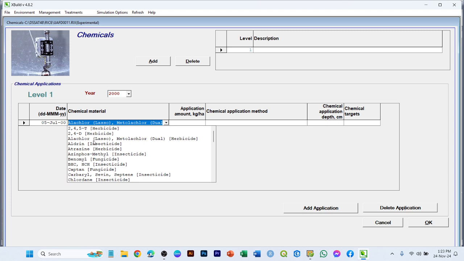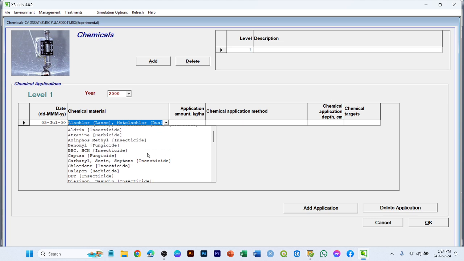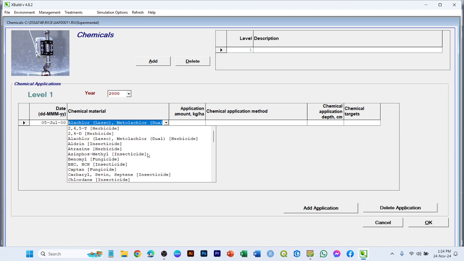These are the basic chemicals, the generic name, not the product name. Different companies have different product names, but the basic generic name is the same. So over here there are fungicides, insecticides, herbicides, and also pesticides.